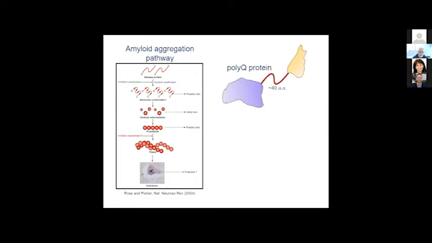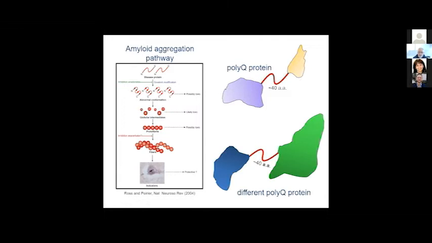In the case of the polyglutamine proteins, the threshold for aggregation of the polyglutamine domain is for most of these proteins about 40. Beyond that, clearly aggregation prone, less than that, much less aggregation prone. But in this case, it is flanked by various domains that differ greatly from one polyglutamine protein to the next. These are just a schematic of two different proteins.